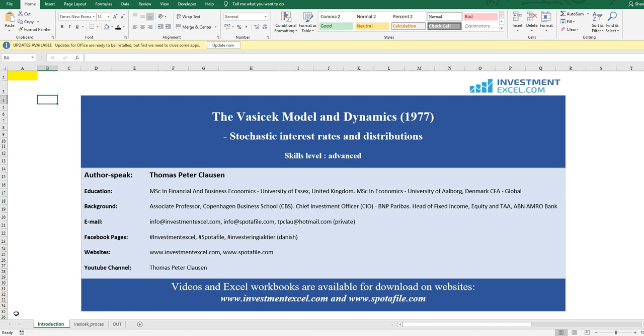This model was built in 1977 and is one model out of many within the universe of stochastic interest rate models, particularly stochastic interest rate models based on just one short rate. Today we will only look at the stochastic dynamics and its distribution. We will not focus today on the application in terms of pricing with the Vasicek model. Please refer to other sessions where this is done.